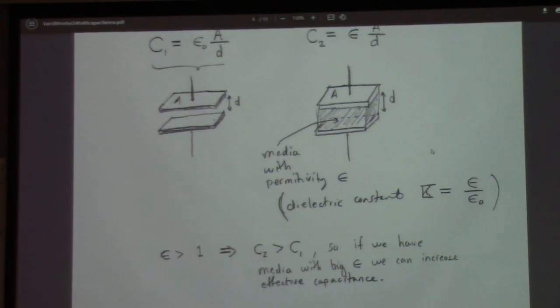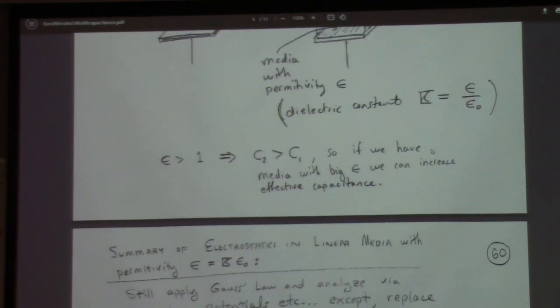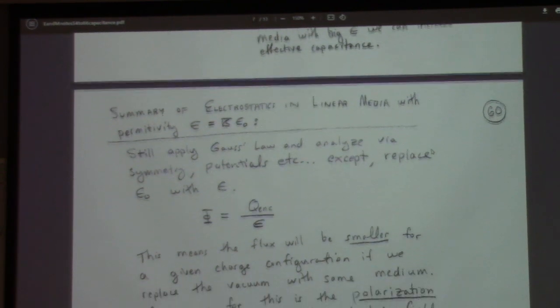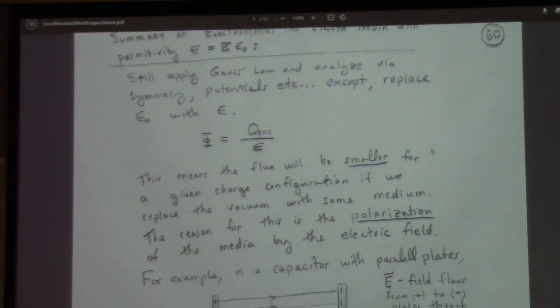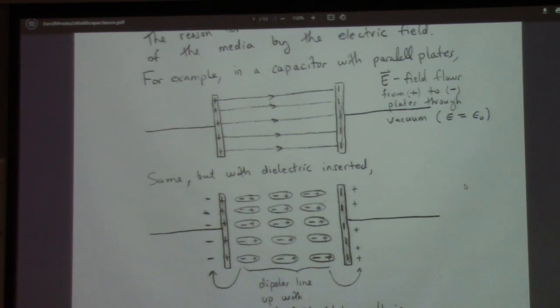And typically that's going to make the capacitance bigger, because all those epsilons we just looked at are larger than the vacuum's. Here's basically the reason. The electric field lines, if they go between plates in the vacuum, they just go straight.